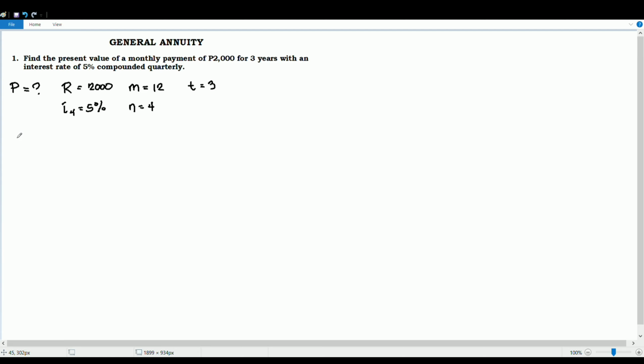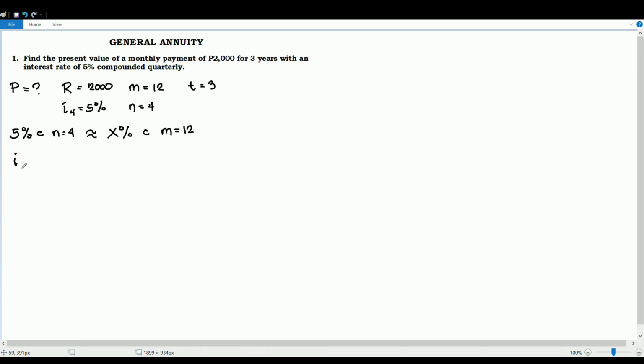So in this case, we are looking for the equivalent rate of 5% compounded quarterly into a certain value of rate compounded monthly. In order to do this, we have to use the equivalent rate formula.